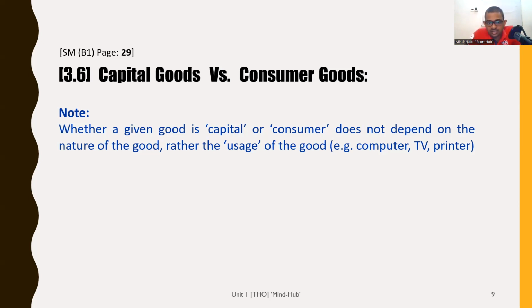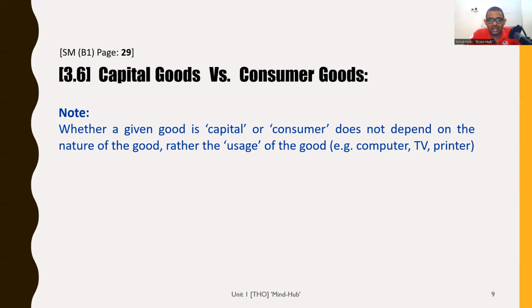An ambulance, think of an ambulance. It's always a capital good. I think it's illegal to use an ambulance as your personal vehicle. It would be nice, you can get to places very quickly, but it's always going to be a capital good.